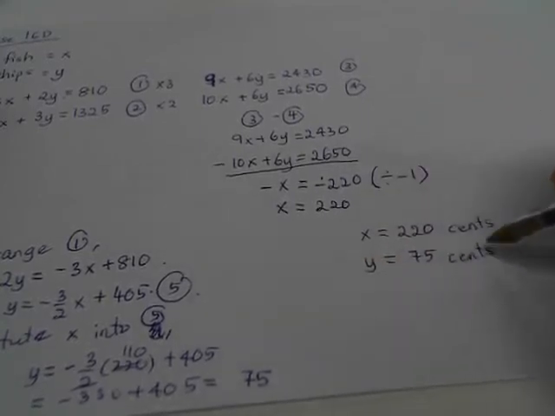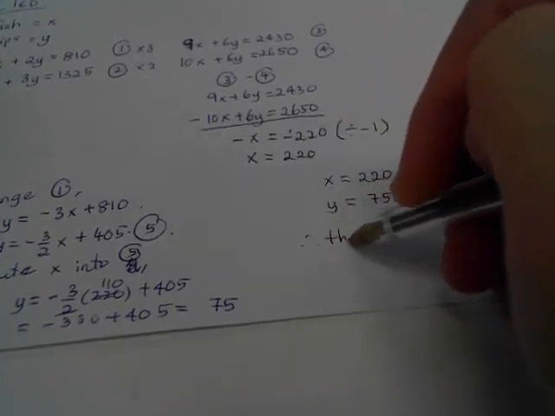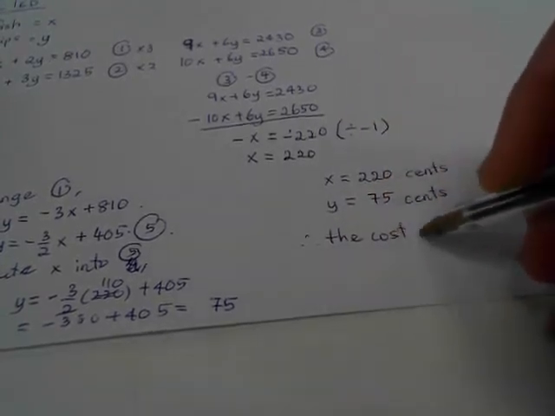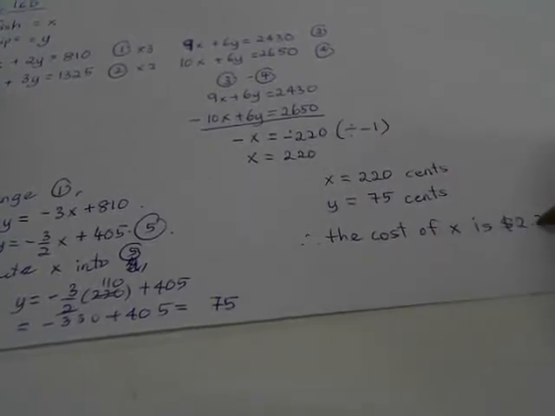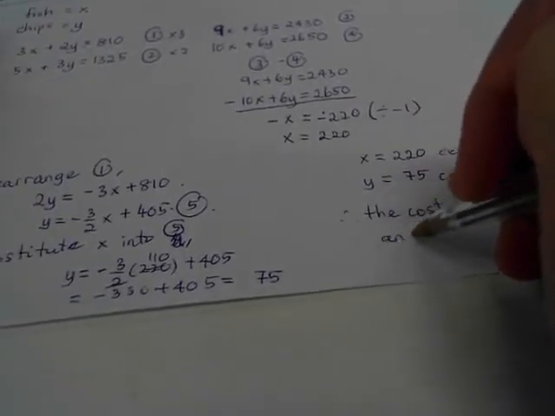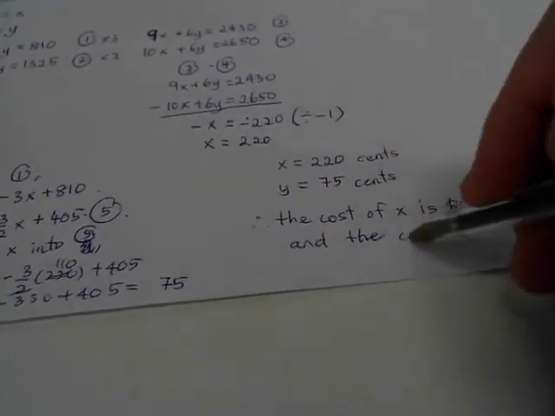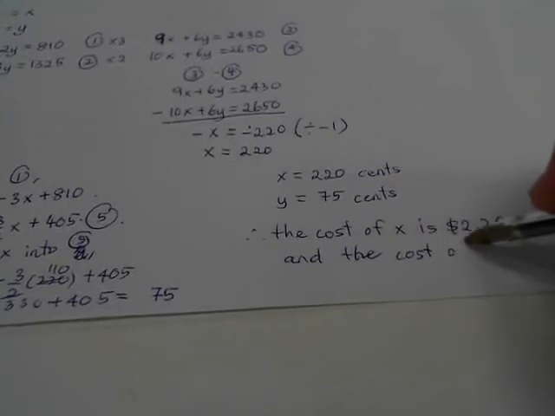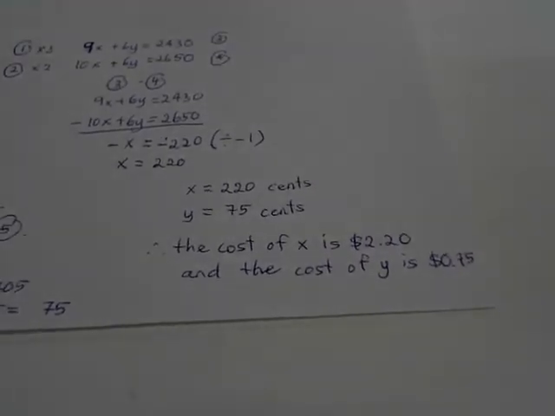So we have to say, therefore, the cost of x is 220 cents and the cost of y is 75 cents. That's your final statement.